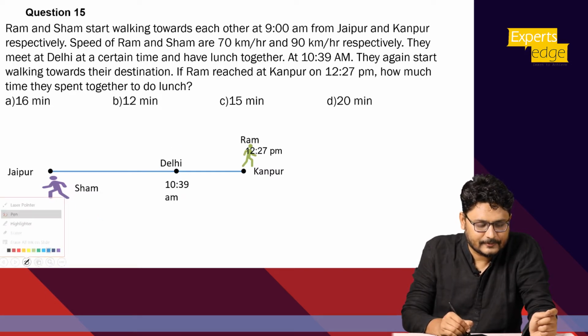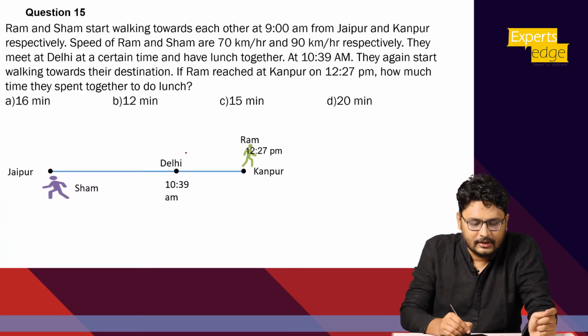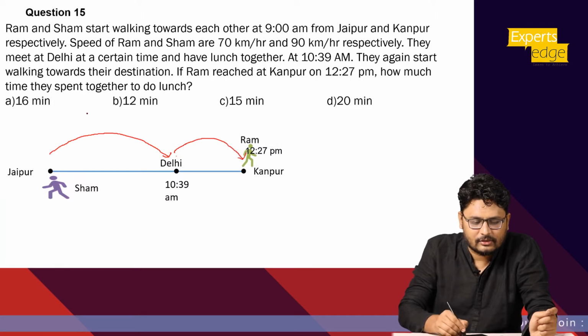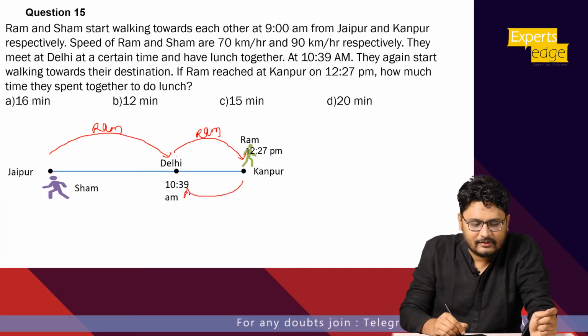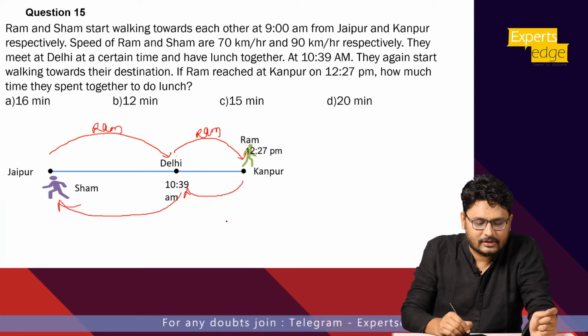Let us take this part, right? This part is particularly traveled by Ram as well. Initially Ram traveled from here to here. They had lunch. Ram traveled from here to here also, right? Here is Ram, here is also Ram. Sham traveled from here to here, and then again traveled from here.